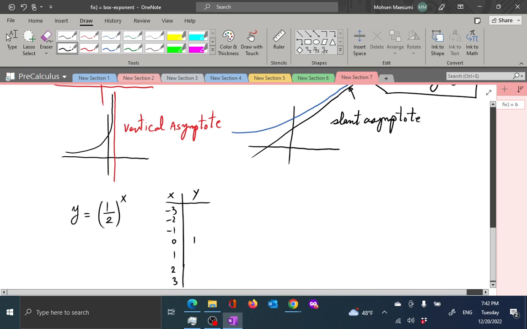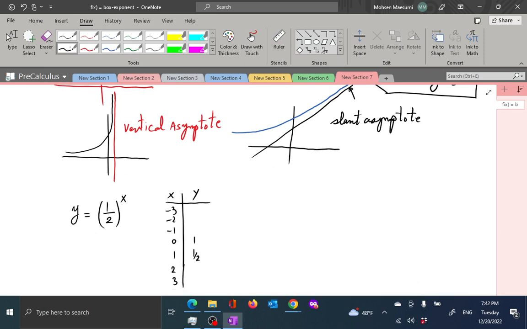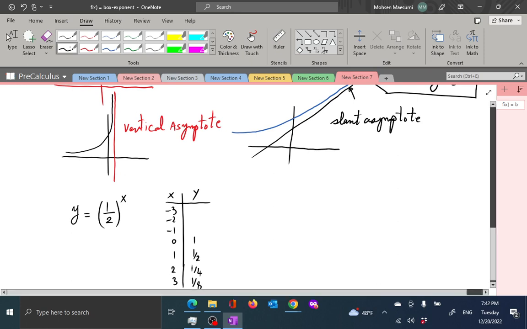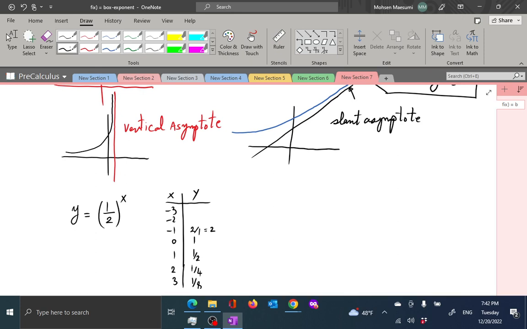At 0 we always get 1. At 1, 1/2. Then 1/2 to power of 2, 1/2 to power of 3, and 1/2 to power of -1. That means you have to flip your fraction. You get 2 over 1, which is just 2. To power of -2, it becomes 4. To power of -3, it becomes 8.